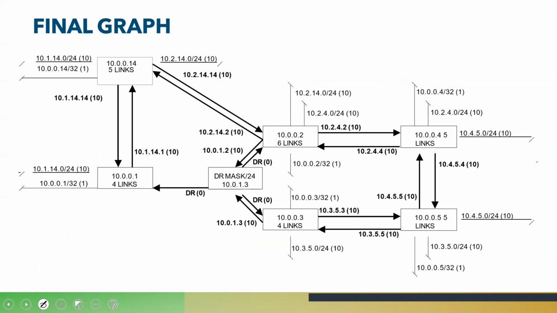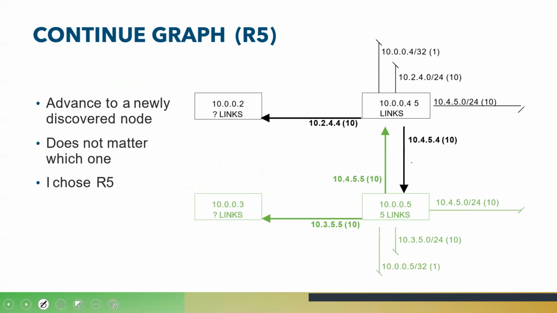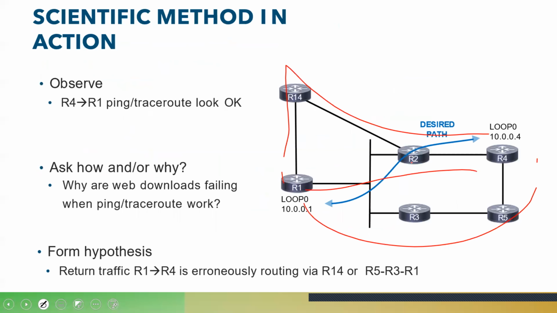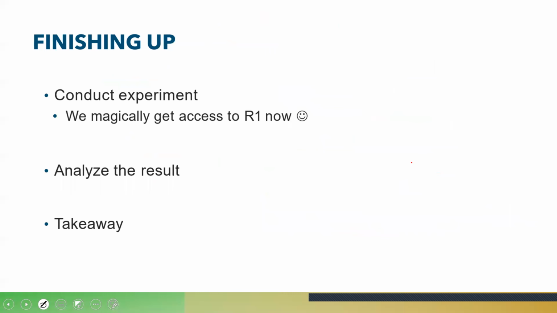The actual path may be via R14 or via R3, R5, but our desired path is from R1 to R2 to R4. We are going to verify that once we find out the issue is there. We can resolve it and things will work.